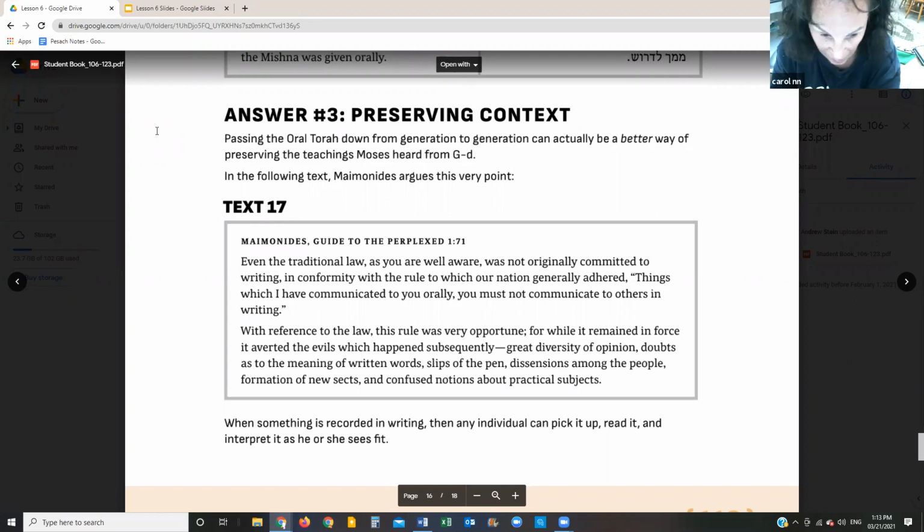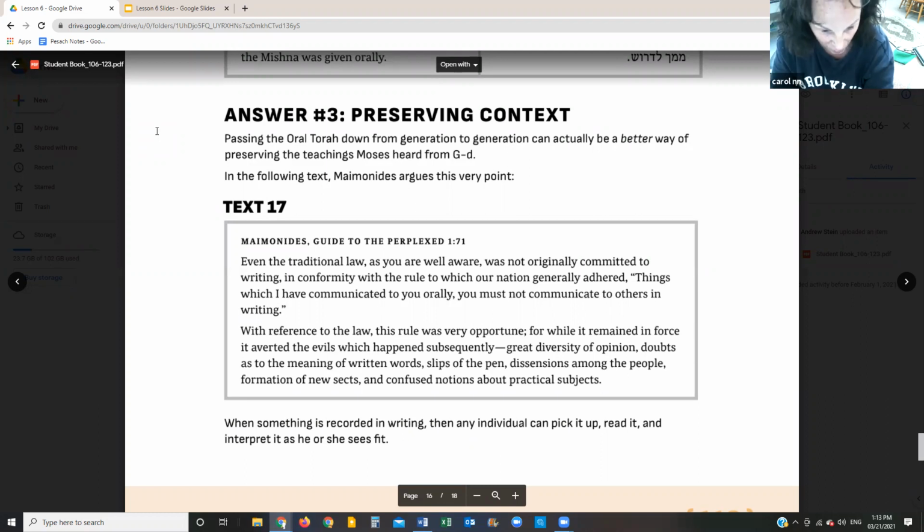For while it remained in force, it averted the evils which happened subsequently. Great diversity of opinion, doubts as to the meaning of the written words, slips of the pen, dissensions among the people, formation of new sects, and confused notions about practical subjects.